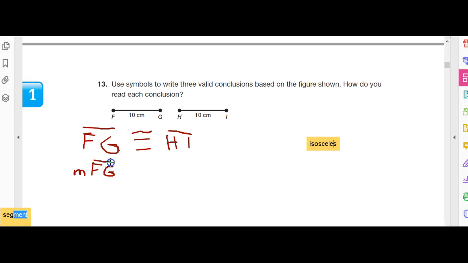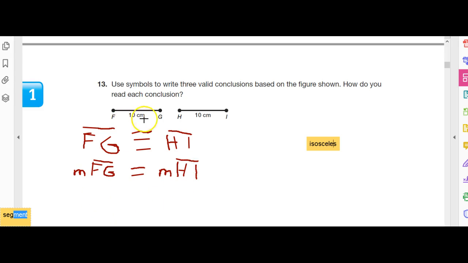The measure of segment FG is equal to, all right, you should be able to keep up with this because I am moving so slow. It is equal to the measure of segment HI.